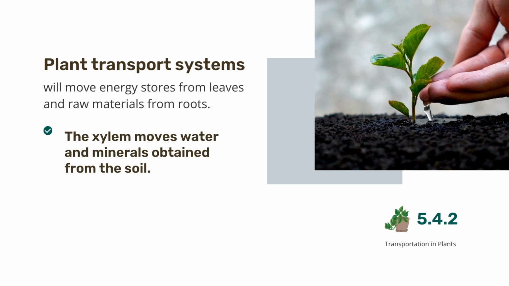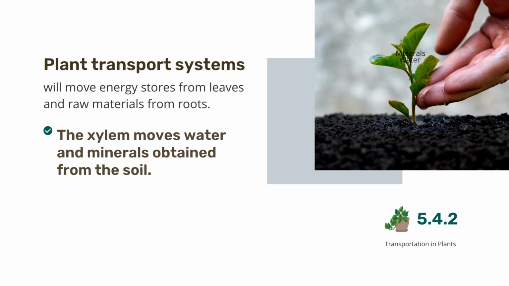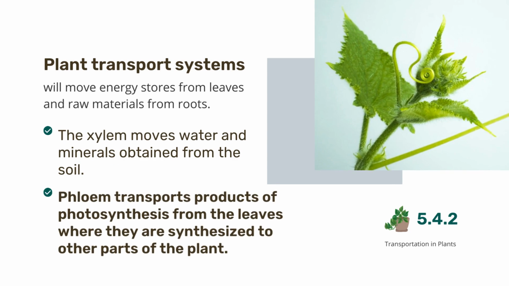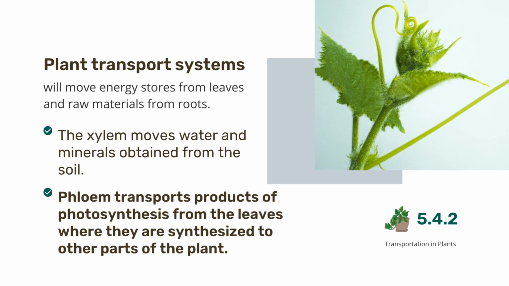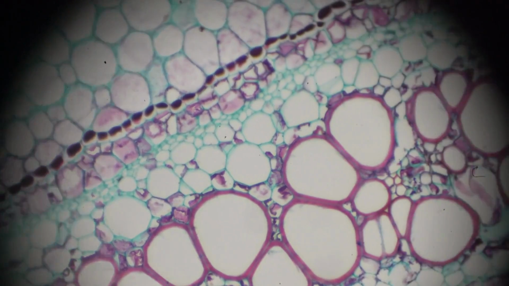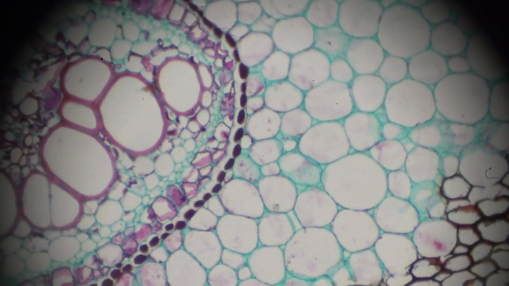One, the xylem. It moves water and minerals obtained from the soil. The other, phloem, transports products of photosynthesis from leaves where they are synthesized to other parts of the plant. We have studied the structure of these tissues in detail in class 9.